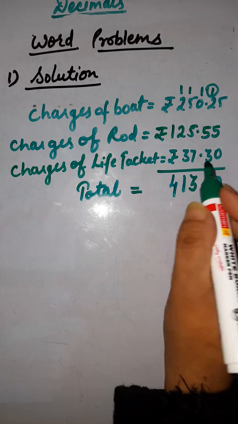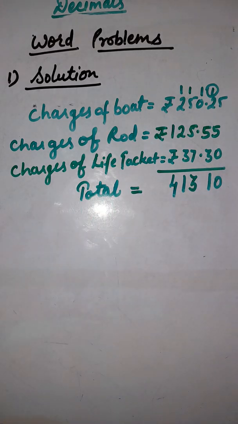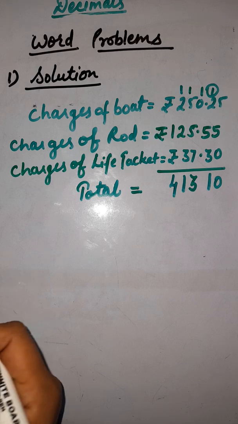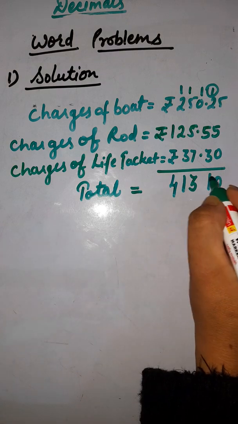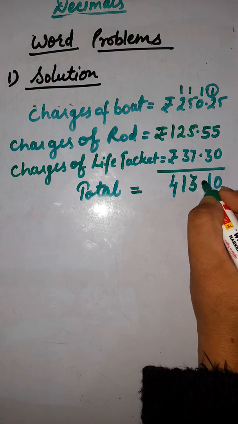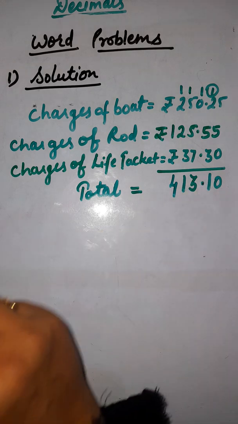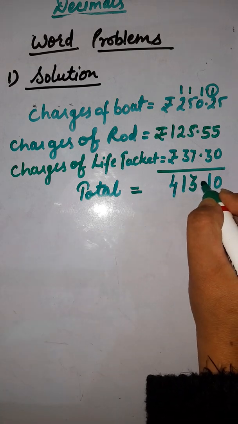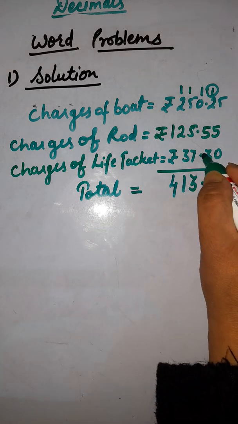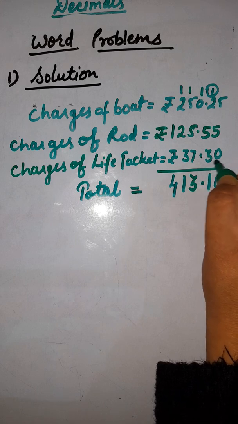So we know that 1 rupee makes 100 paise. It means 1 rupee is equal to 100 paise. So after the decimal we need 2 digits. So we'll put the decimal point here, because after the decimal we have 2 digits.